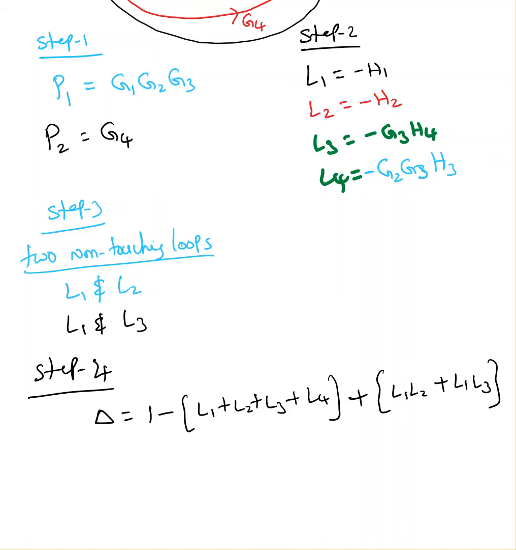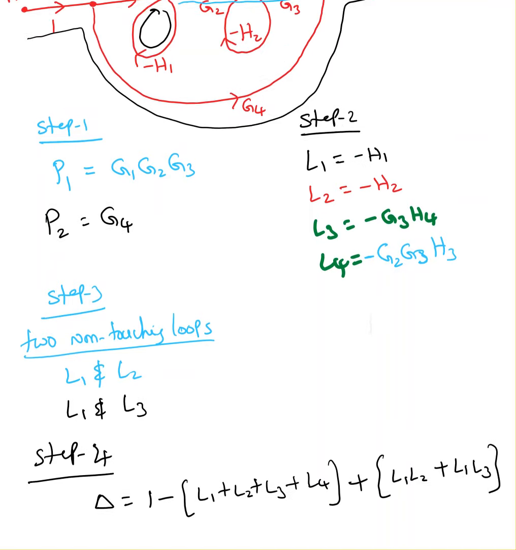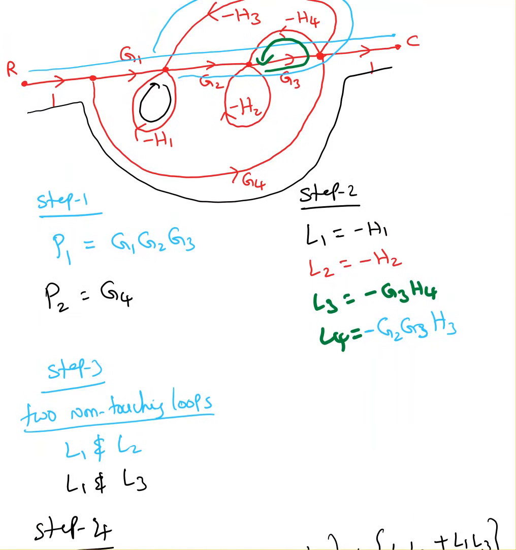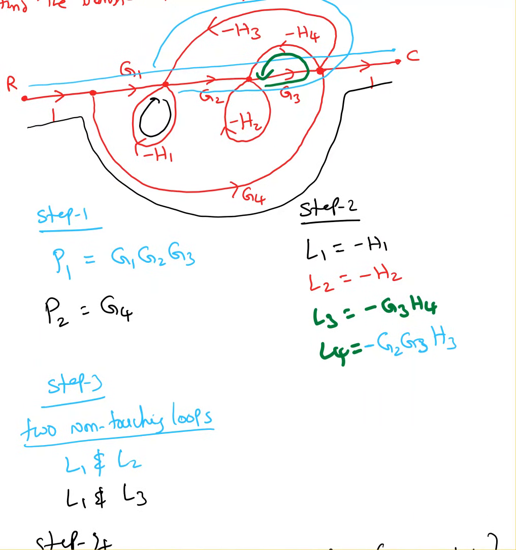If you have 3 non-touching loops, you need to check: are there any 3 loops here which are not touching each other? I forgot to explain. Say for example, if L1, L2 and L3 are not touching each other, then you can put L1, L2, L3.